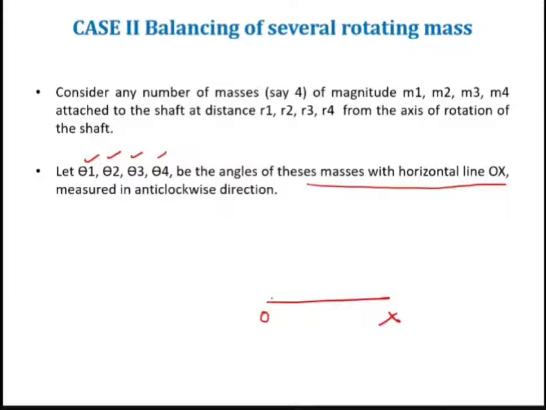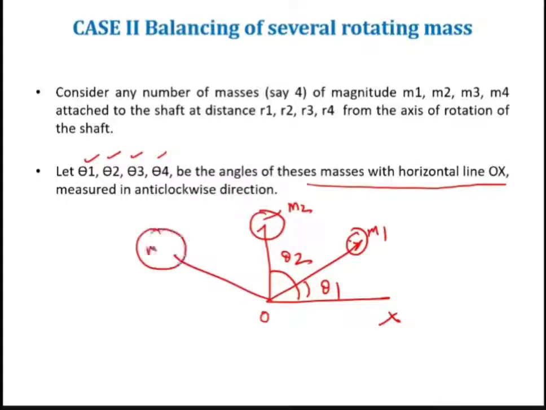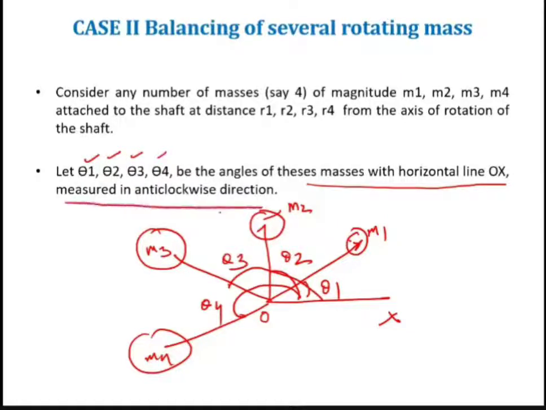From the horizontal line OH, mass M1 is at an angle theta 1, mass M2 is at an angle theta 2, mass M3 is at an angle theta 3, and mass M4 is at an angle theta 4. The very important criterion is that all should be measured in the anti-clockwise direction. So I am measuring the angles in the anti-clockwise direction from this horizontal line OH. This is step number one.